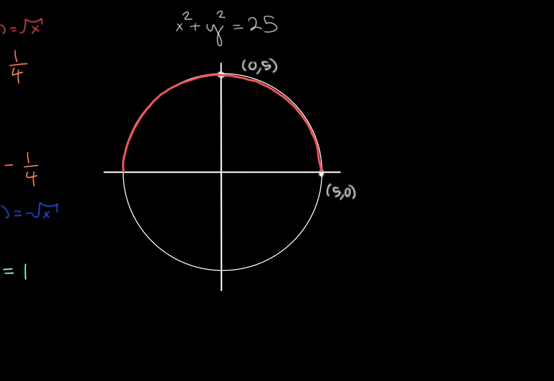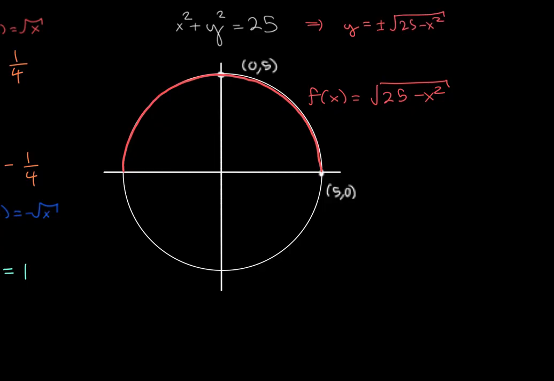And this would be, of course, f of x is equal to the positive square root of 25 minus x squared, simply by solving for y here. y would equal plus or minus the square root of 25 minus x squared.